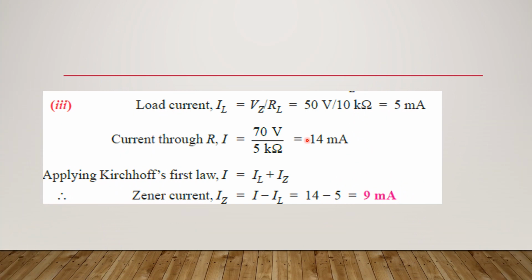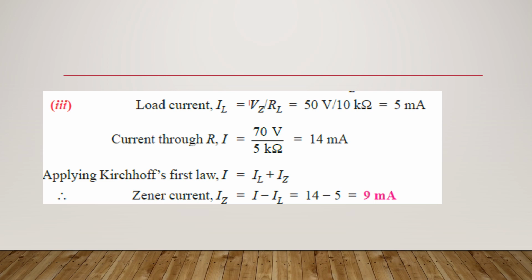Finally, the load current. Based on Ohm's law, in any circuit the voltage V is proportional to the current flowing through it, so V is equal to IR, or I is equal to V by RL.